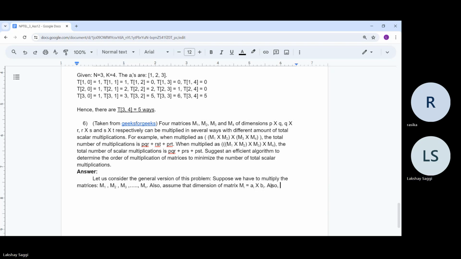Also assume that we are given that these matrices have dimensions such that their multiplication is feasible. What do we mean by that? That the number of columns in the first matrix should be equal to the number of rows in the second matrix. Similarly, the number of columns in this matrix is equal to the number of rows in this. So effectively, B1 is equal to A2 and B2 is equal to A3 and so on.